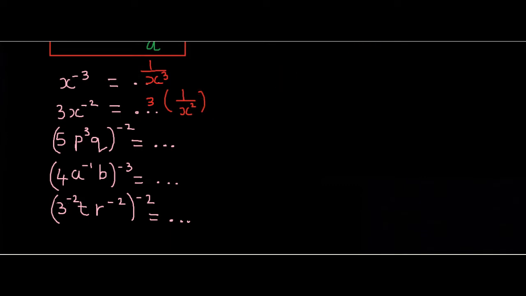Now also note that 3 is 3 over 1. So we need to simplify this further. So multiplying the numerators, 3 times 1 is 3. And 1 times x squared is x squared. So it's going to be 3 over x squared.